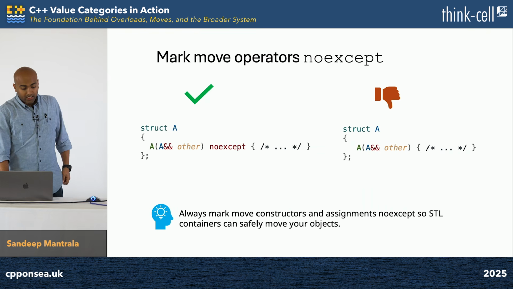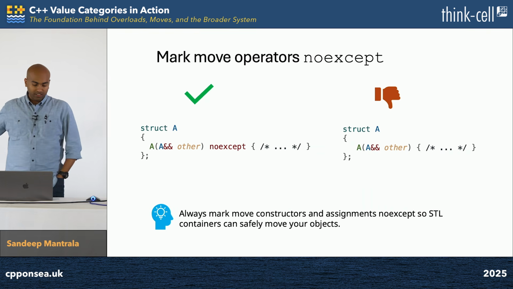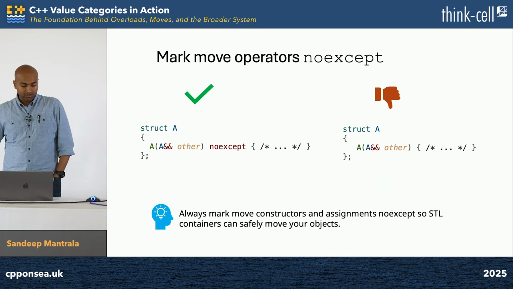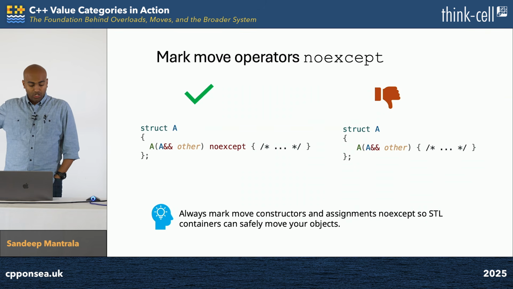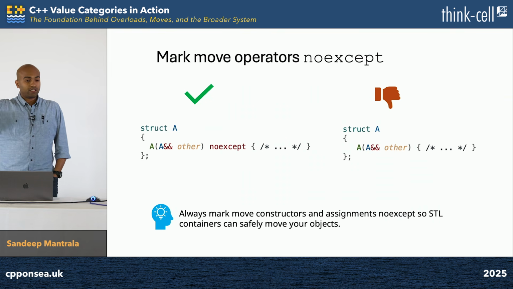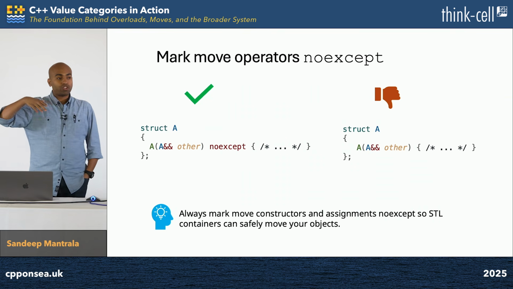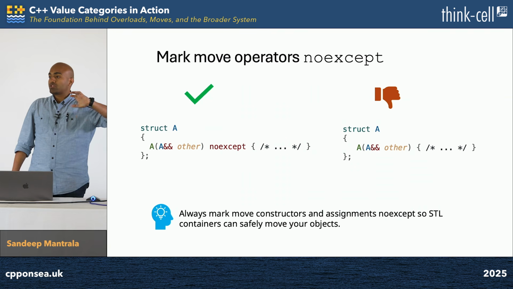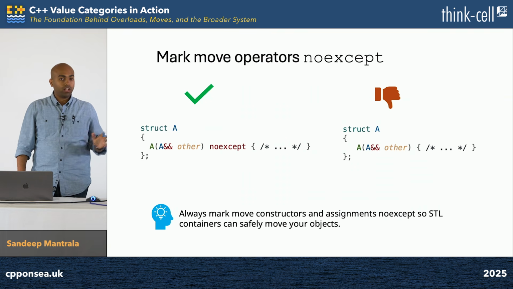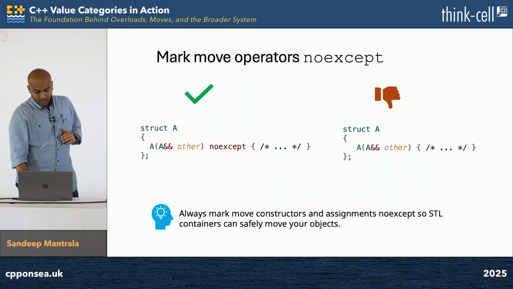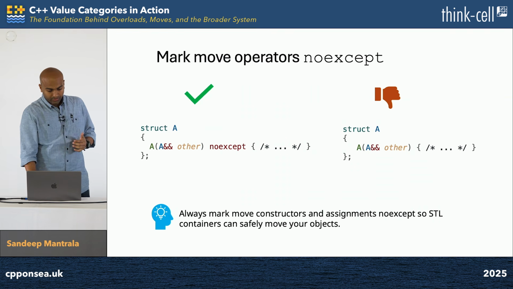I think even this is covered in so many talks before. Move operators and move constructors, both, you should mark them as noexcept. If not, then the std::vector implementation, for example, checks whether the move constructor gives you strong exception safety or not. If not, then it will fall back to the copy versions of it.